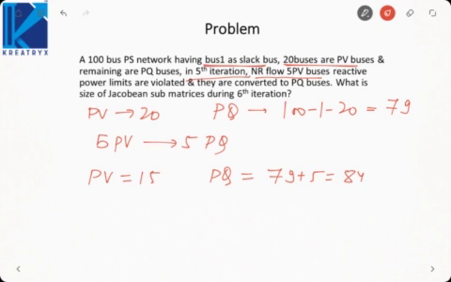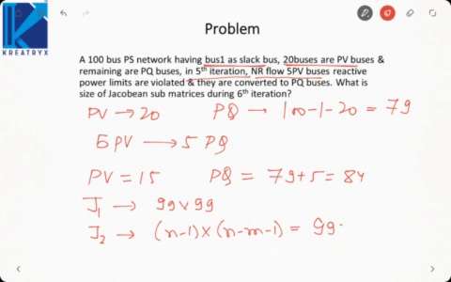We need to calculate the size of Jacobian submatrices. So J1 was n minus 1 cross n minus 1, that is 99 cross 99. In J2 the order was n minus 1 cross n minus m minus 1. So this will be 99 cross 84.